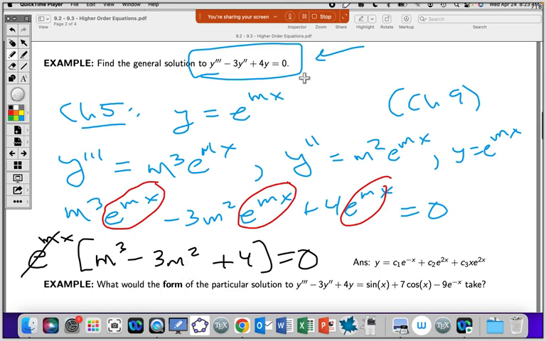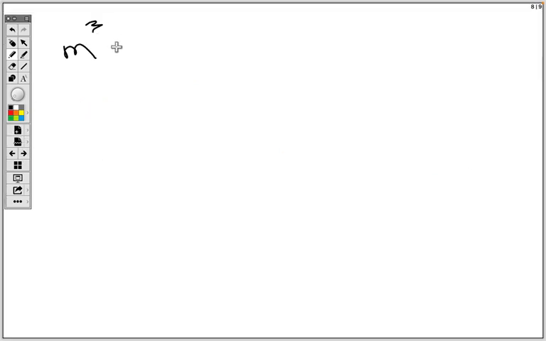Okay? So the exact same thing is going to happen here in Chapter 9 for constant coefficient equations that happened for us back in Chapter 5. This constant coefficient differential equation is going to admit a polynomial equation. So now we just have to remember how to solve polynomial equations.